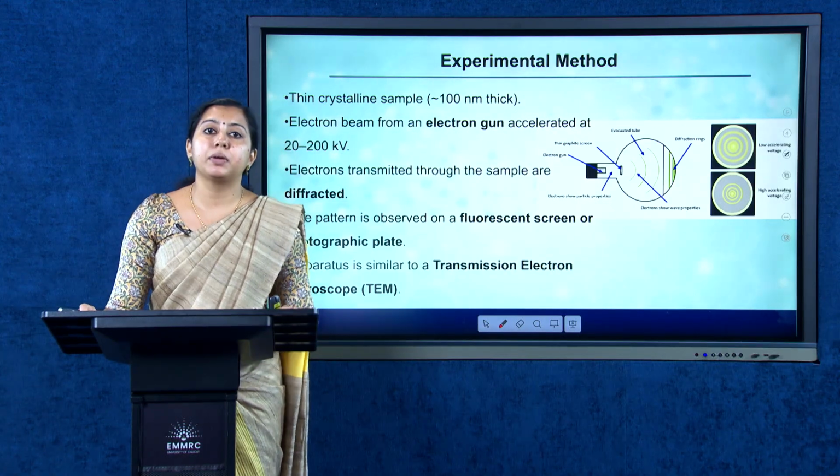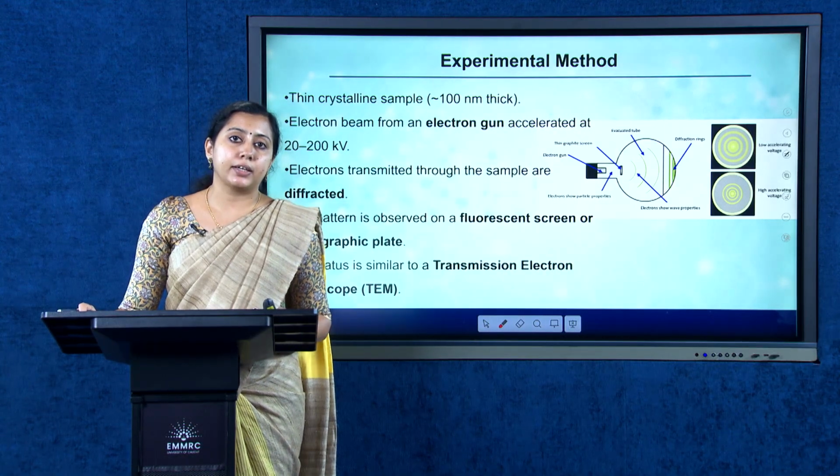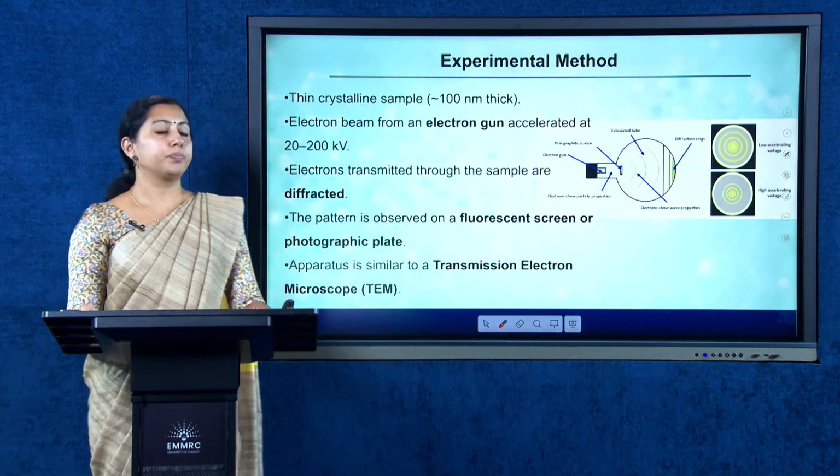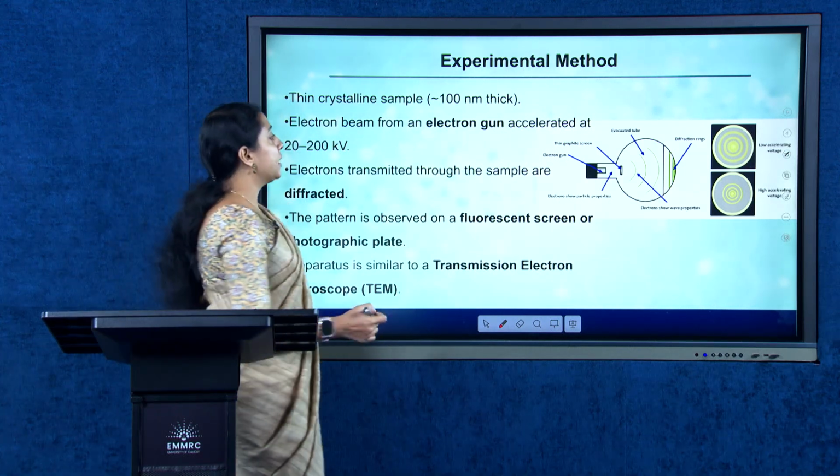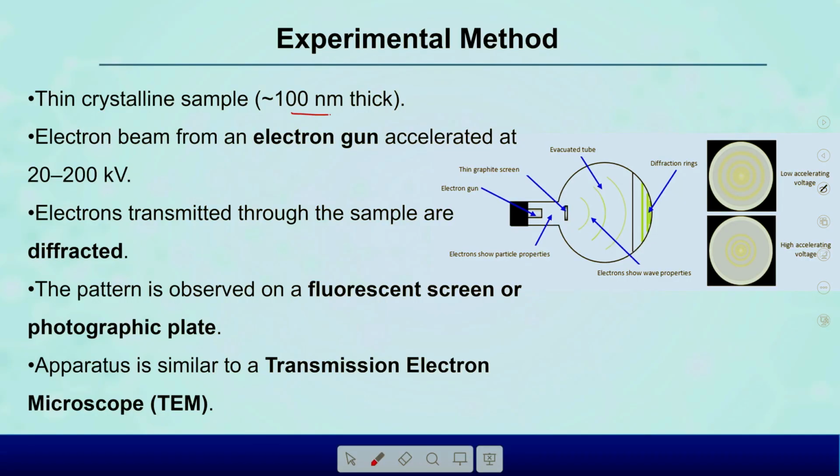So this is an experimental setup for an electron diffraction technique. We need a thin crystalline sample of approximately 100 nanometers thick. The source of the electron beam is an electron gun accelerated at 20 to 200 kilovolts.